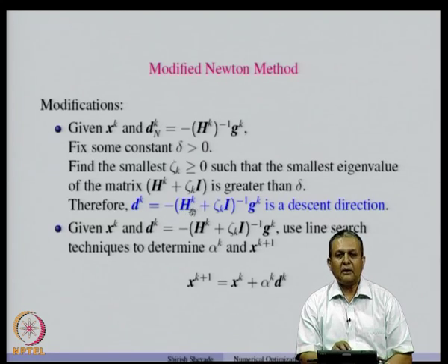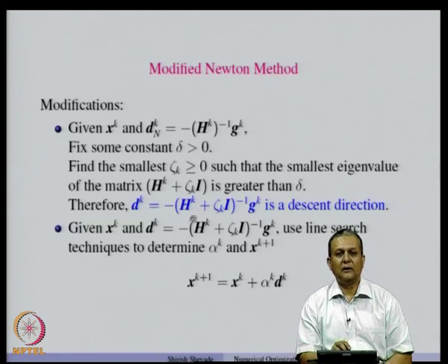So, typically when the quadratic approximation of the function is good, the zeta k value will be small, and the most dominant term between the two is Hk, and therefore, this direction will be close to the Newton direction. And if zeta k is very large, then the direction becomes close to a steepest descent direction.